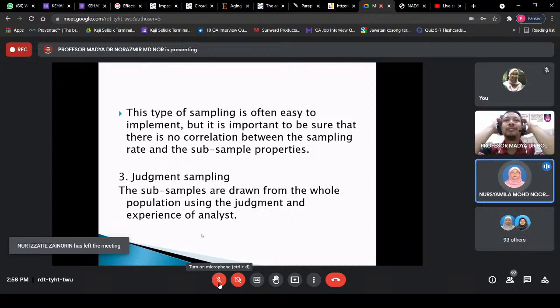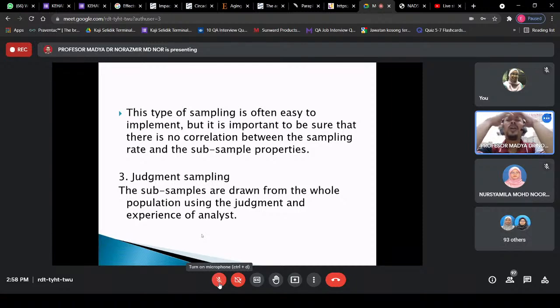We take a sample from the oil tank. Oil tank, okay. So what do we want to analyze from the oil tank?